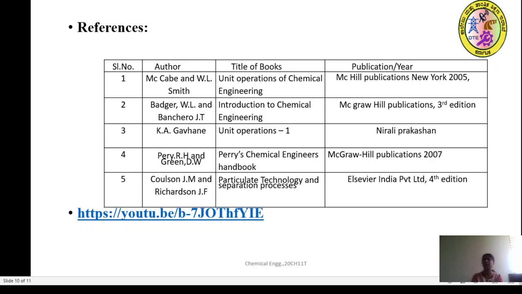All that you have to write. The construction part will be asked for a maximum of 10 marks. If 10 marks are asked, you have to draw the diagram along with the explanation. So in this session, the most important question will be on the tubular vertical centrifuge.